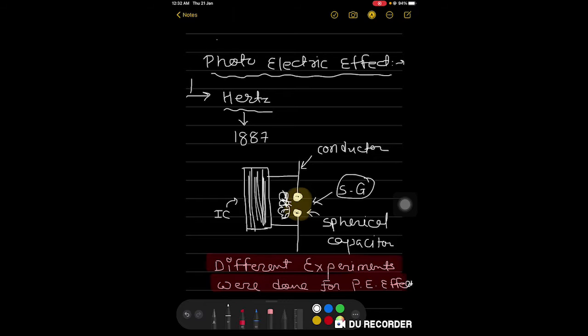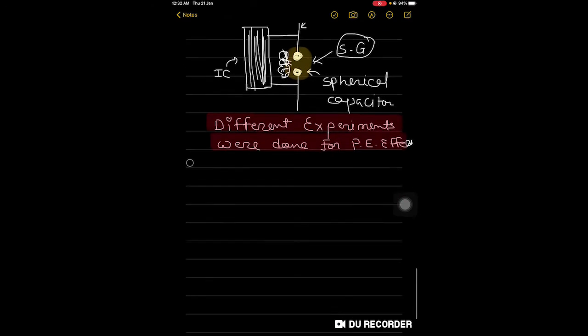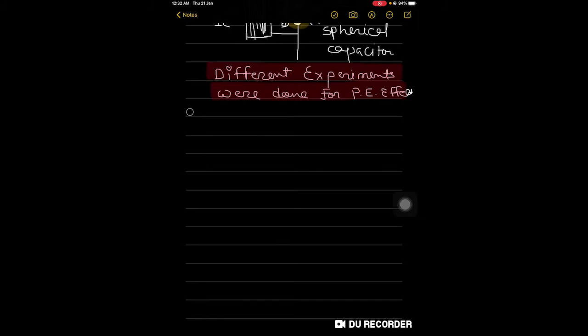To check that, we will discuss the new topic, that is, how many other scientists tried to find out and apply this phenomenon by making different experiments and different observations.